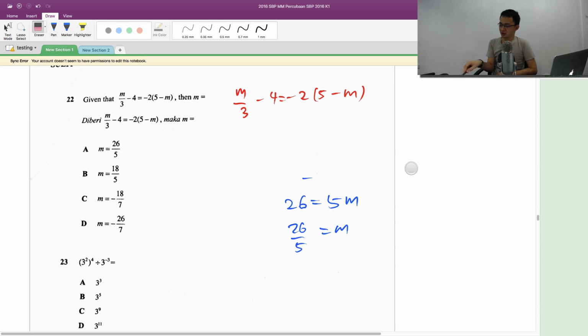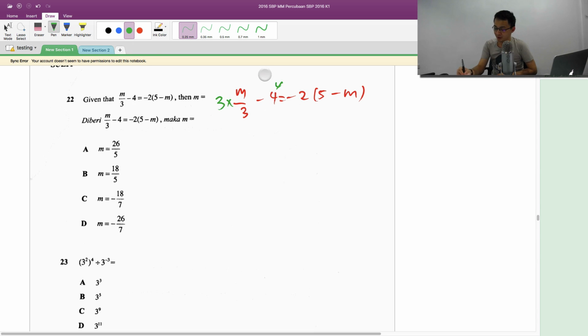Okay, so the easiest way I will do is, since I see the divide 3, I multiply 3 for every single one. So I multiply 3 here and I multiply 3 here. And 3 and 3 I simplify. I left an m here. Negative 4 multiplied 3 is negative 12. And this one is something very important here. You don't multiply negative 2 into here and multiply 3 at the same time.